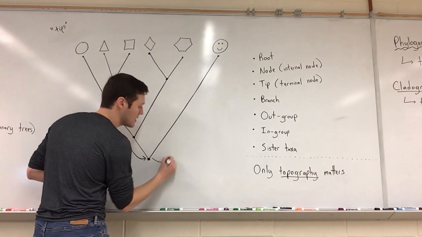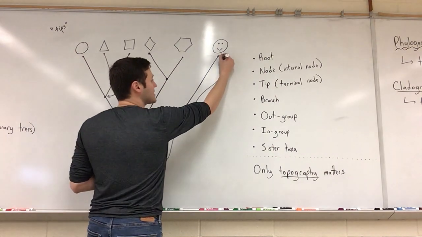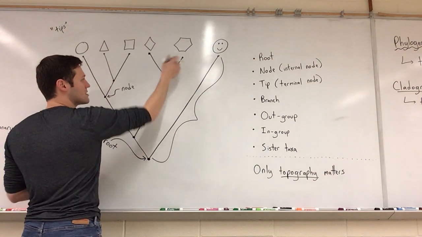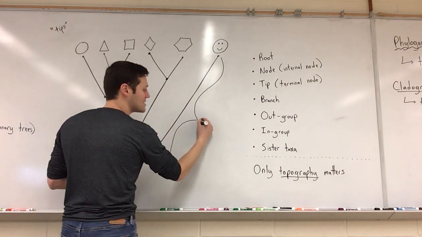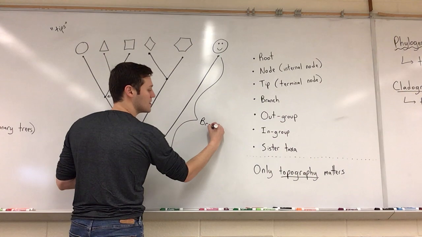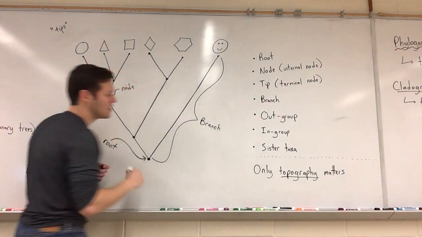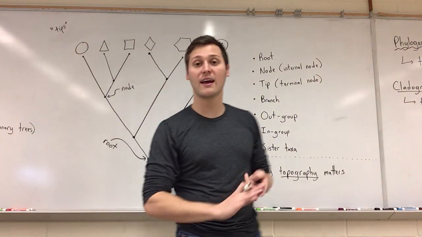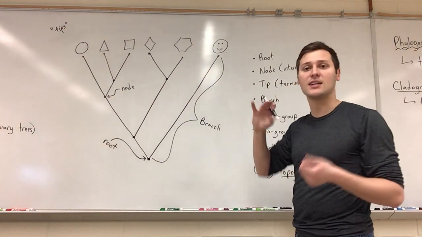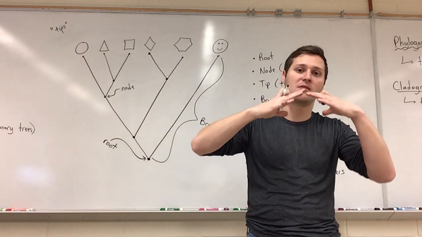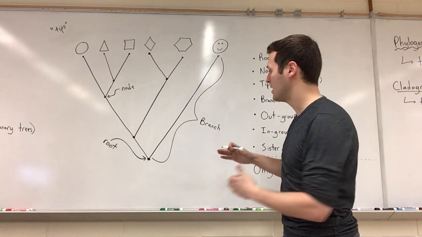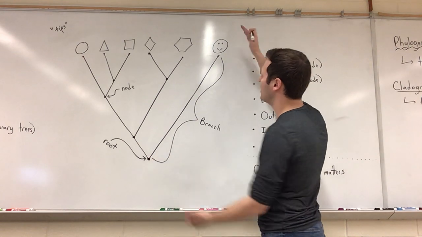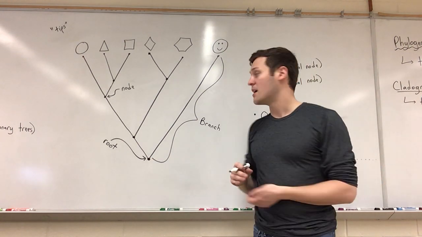This right here, a single line on this diagram, whether this or this or this, that would be considered a branch. A branch is a line on a phylogenetic tree or cladogram, and a branch ultimately shows the history or the time between the common ancestor and the modern day species.